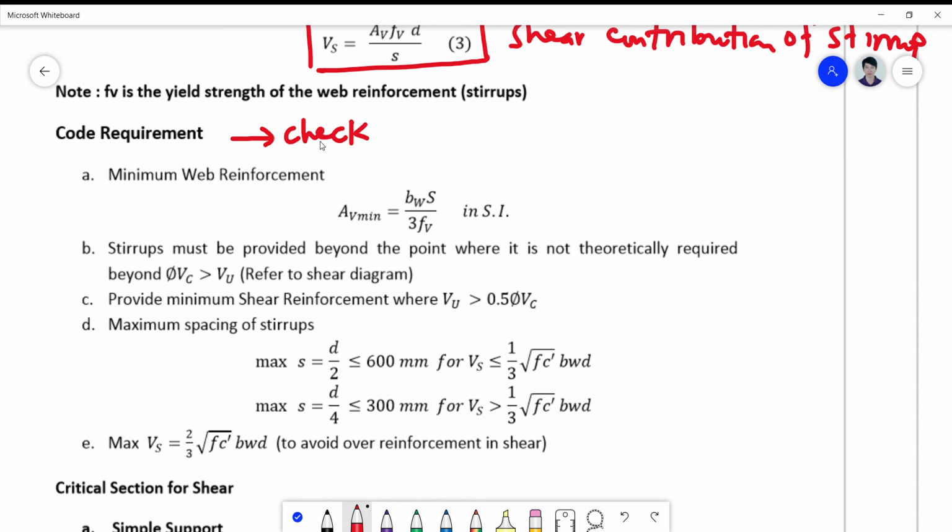The minimum web reinforcement is given by this formula in SI. Remember this is in SI. So you cannot have a stirrup lower than this because this is the minimum code requirement. For letter B, the stirrup must be provided beyond the point where it is not theoretically required, beyond Vc greater than Vu.